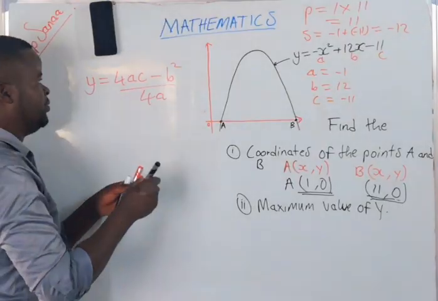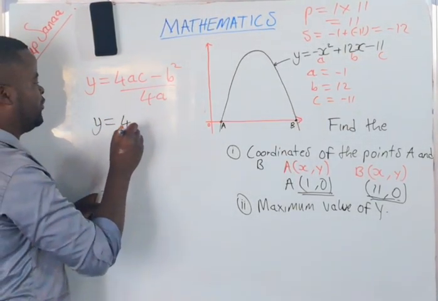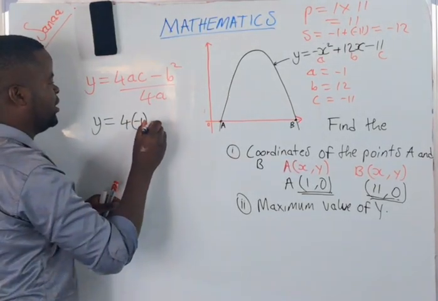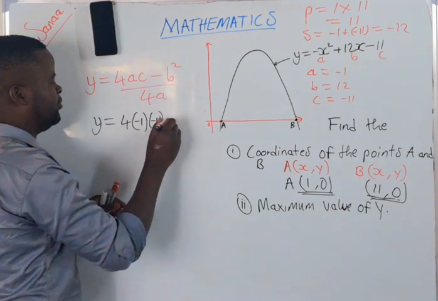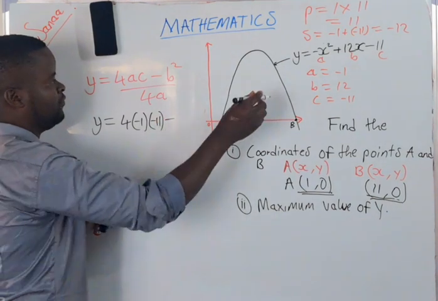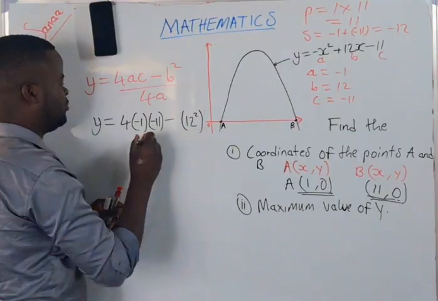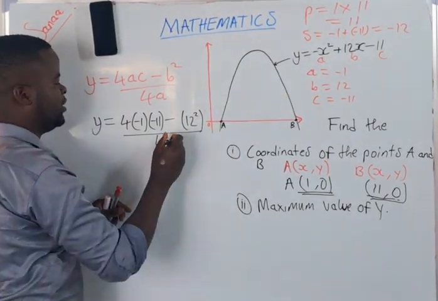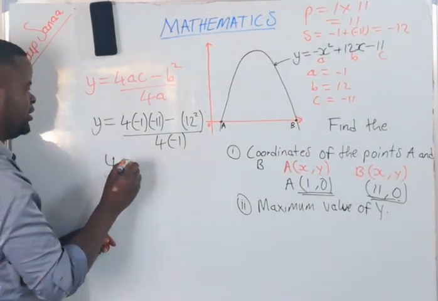So the maximum value of y is 4 open brackets, then the value of a is -1 times the value of c, which is -11, minus the value of b, which is 12, to the power 2, over 4 times the value of a, which is -1.